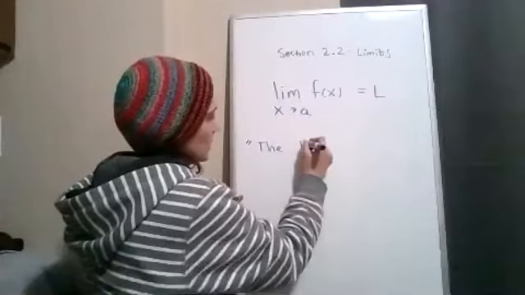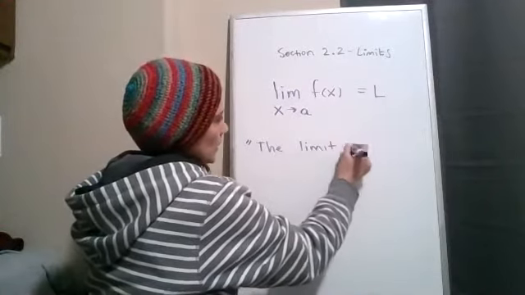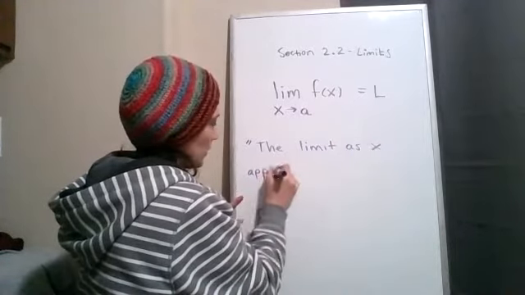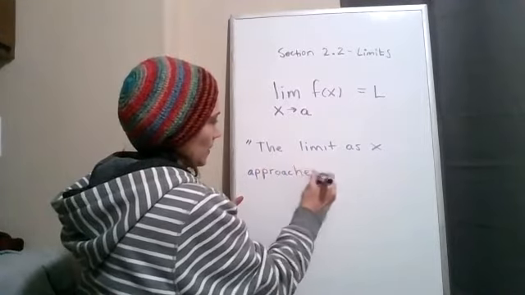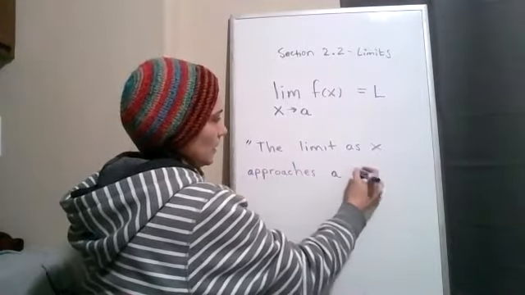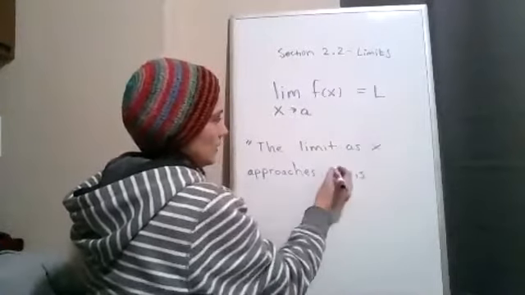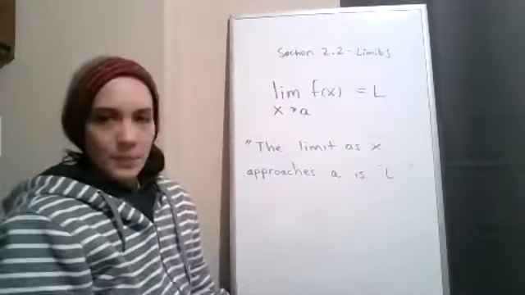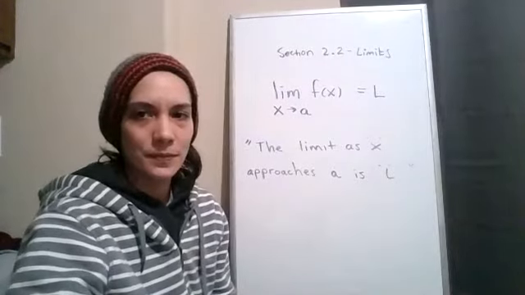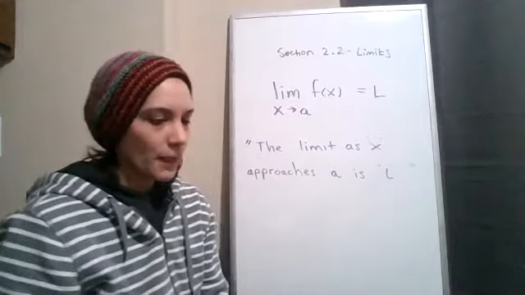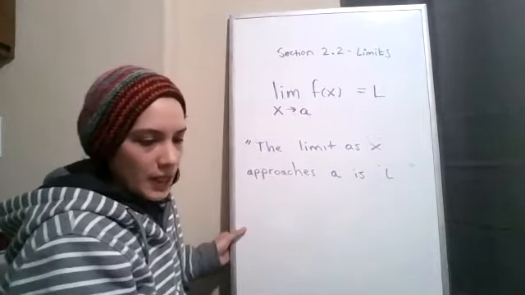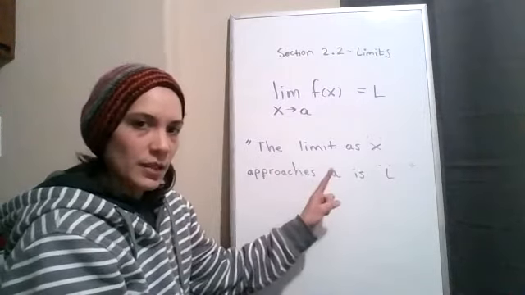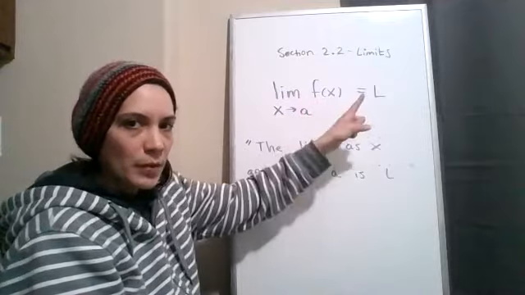The limit as x approaches a is L. We'll draw a picture, but I just want to say that as x gets arbitrarily close to a, f of x gets arbitrarily close to L.